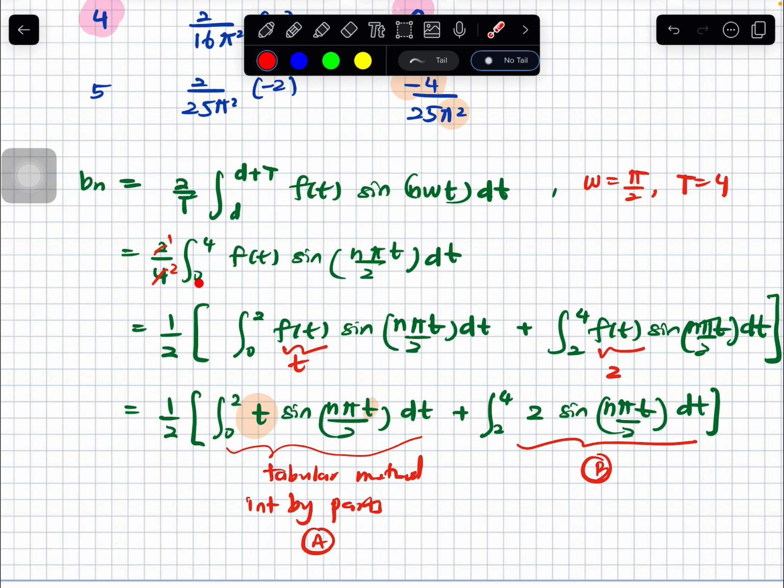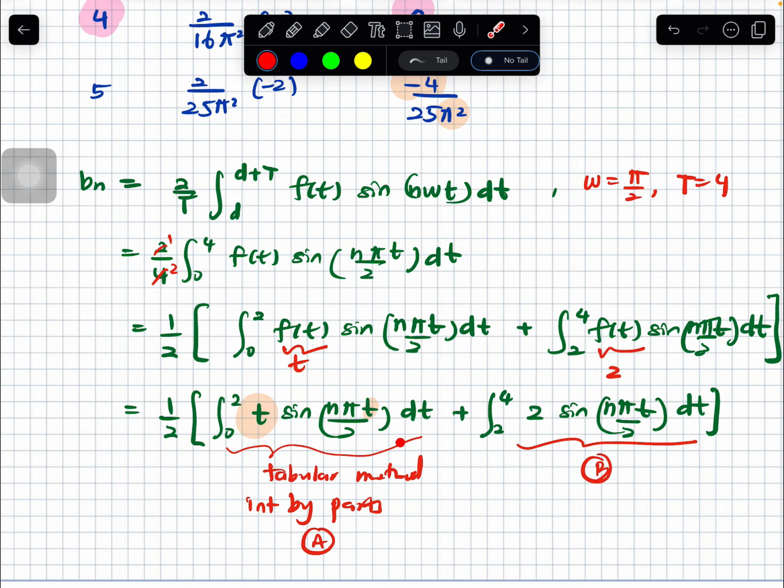And then for the integral limit, we take one cycle, 0 to 4. After that, we separate the integral, okay, 0 to 2, 2 to 4. And then for each part, f(t) corresponds to the interval that we are dealing with. For 0 to 2, f(t) is t, and for the other part it is 2, okay?